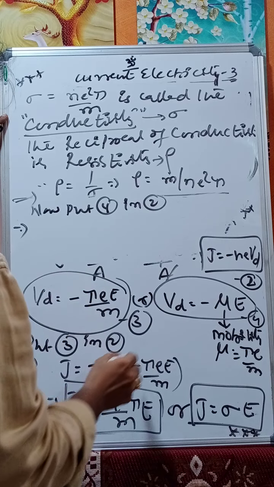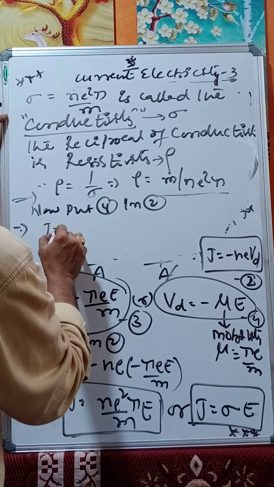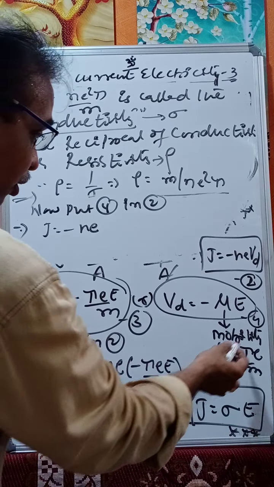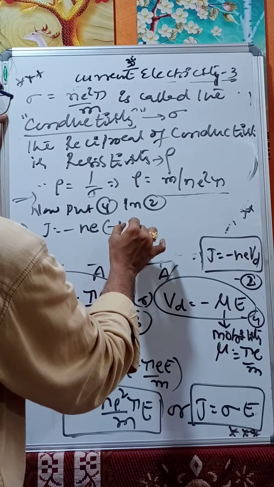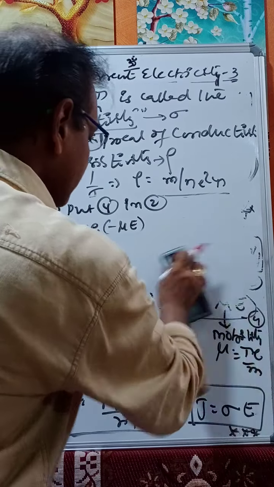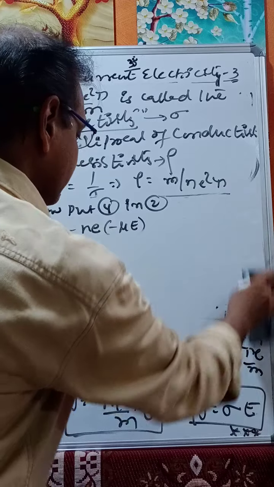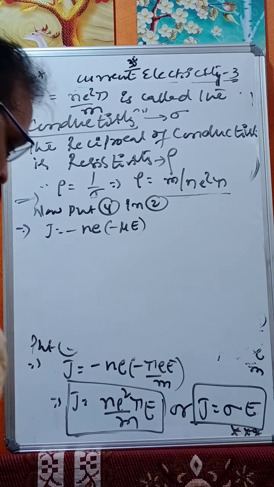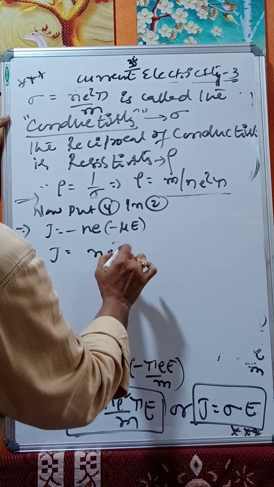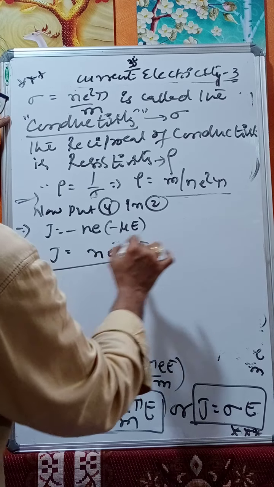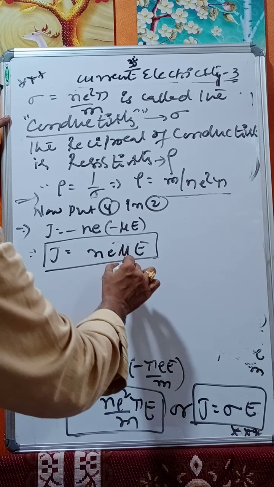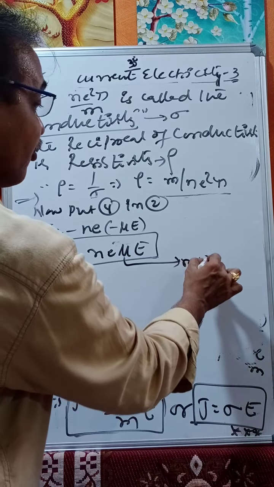J is equal to minus Ne Vd, and equation 4 gives Vd as minus mu E. This implies J is equal to Ne mu E. This is the expression for current density in terms of mobility.